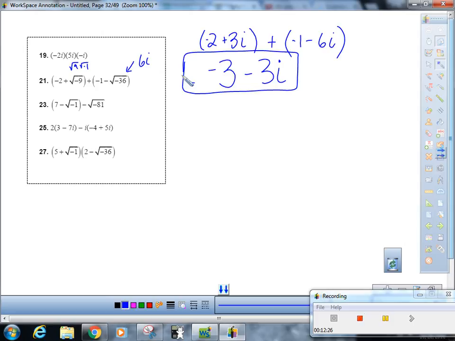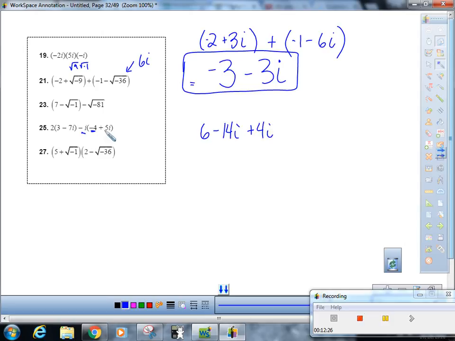All right, 25. 6 minus 14i. Are you cool with that? I just distributed. And then a negative i times a negative 4. Class? Positive 4i.